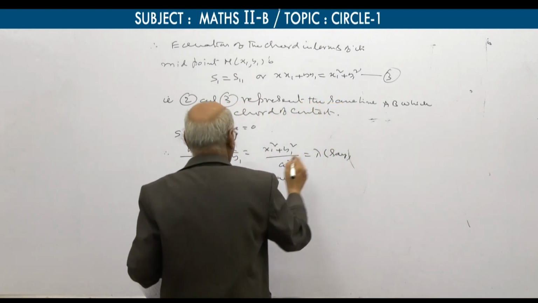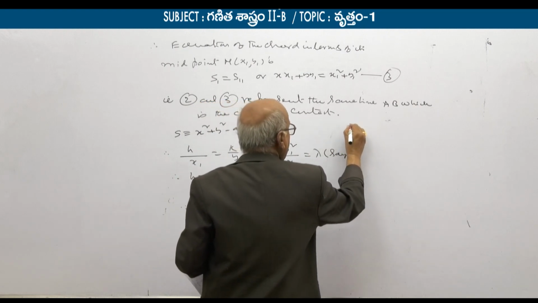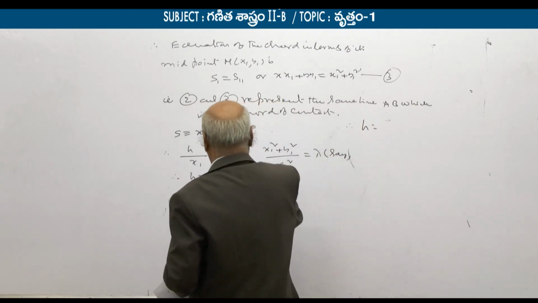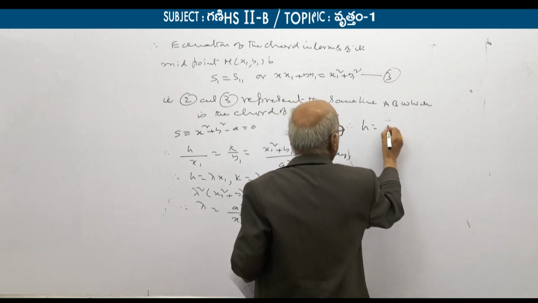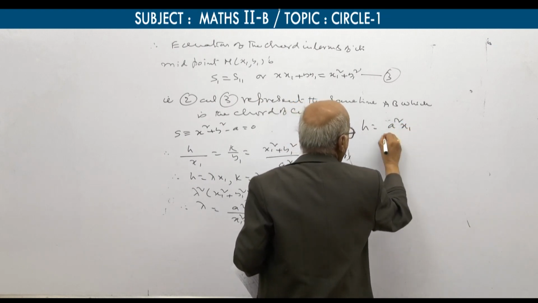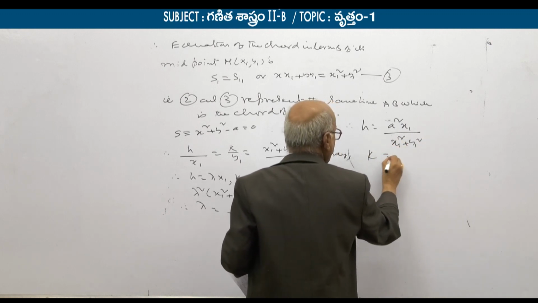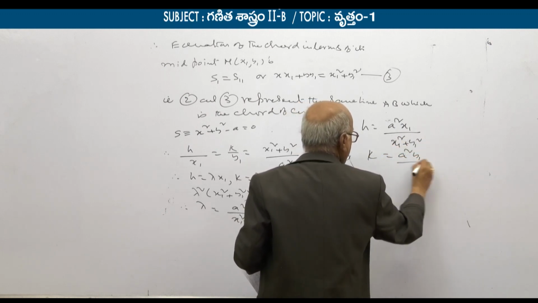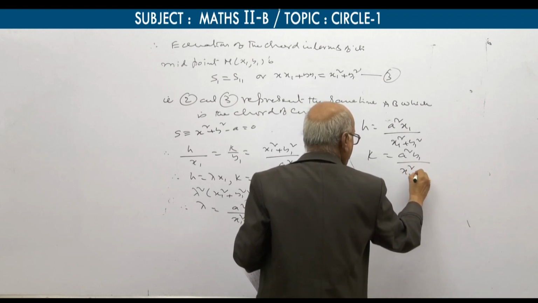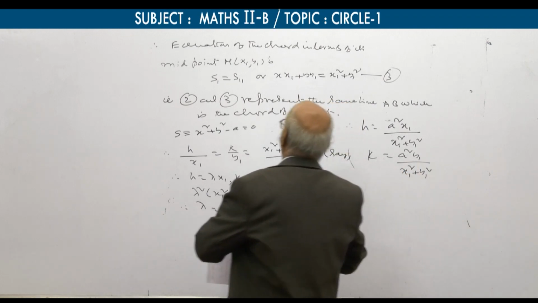So therefore, H is equal to lambda x1, so a square x1 by (x1 square plus y1 square), and K is equal to a square y1 by (x1 square plus y1 square).